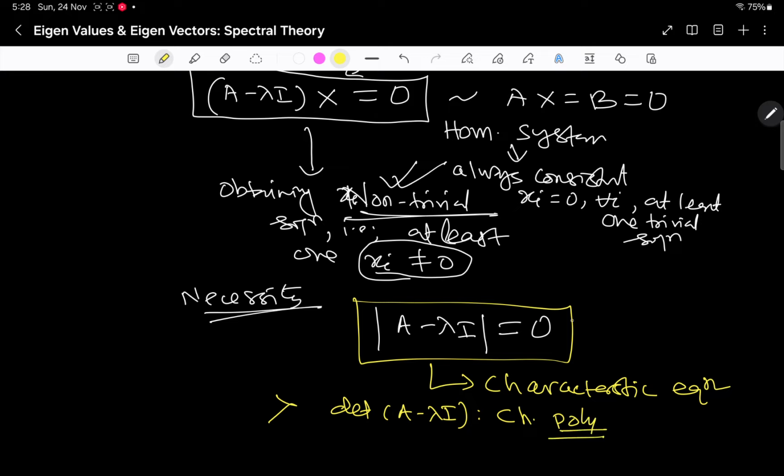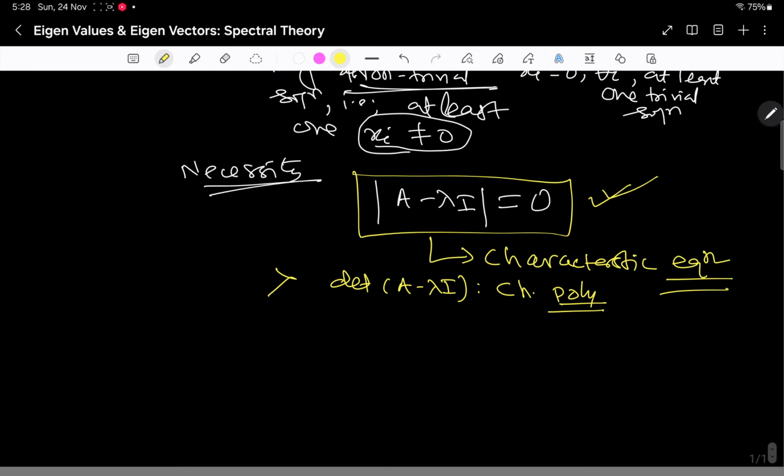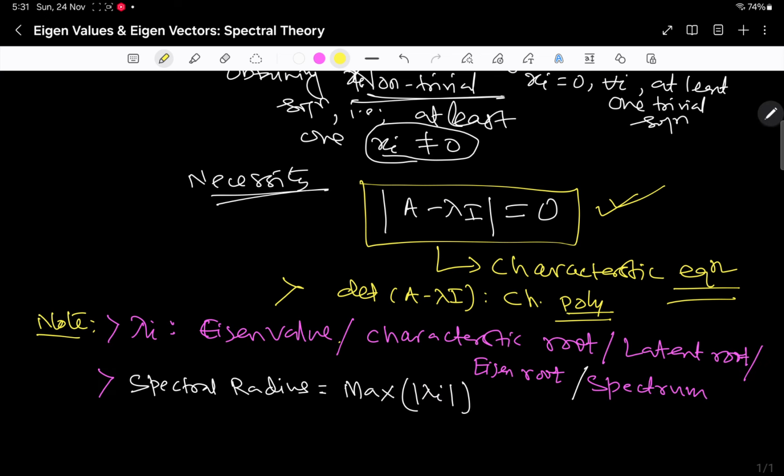Now if it is equated to 0, then it is called the characteristic equation. So let us now see the working rule to find the eigenvalues. Other names of eigenvalue are the characteristic root, the latent root, the eigen root, or the spectrum. That's why it's called the spectral theory.